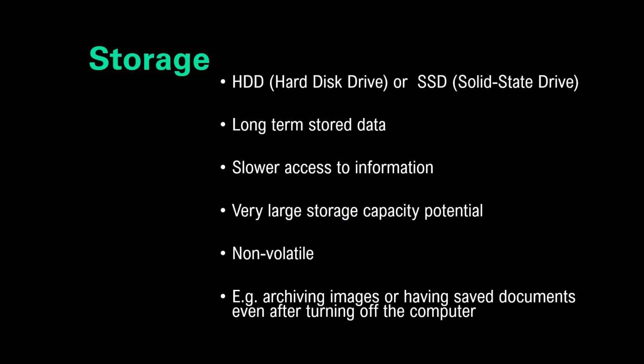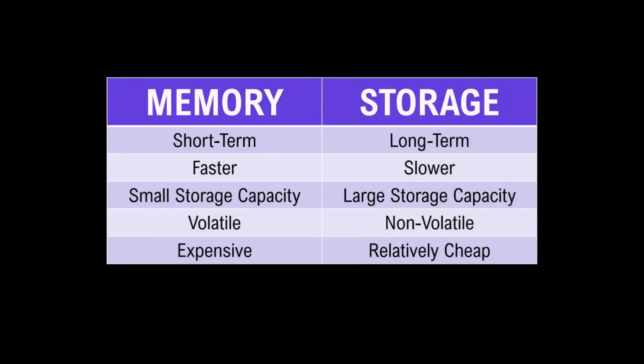So let's do a quick summary of the differences between memory and storage. Memory is short-term. Storage is long-term. Memory is faster to access the data, and storage is slower to access the data, which means memory is easier to access data, storage is more difficult. Memory has a small storage capacity.